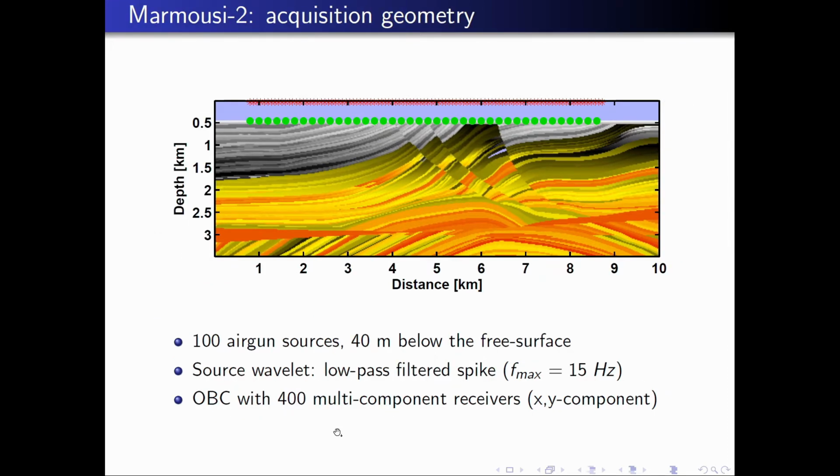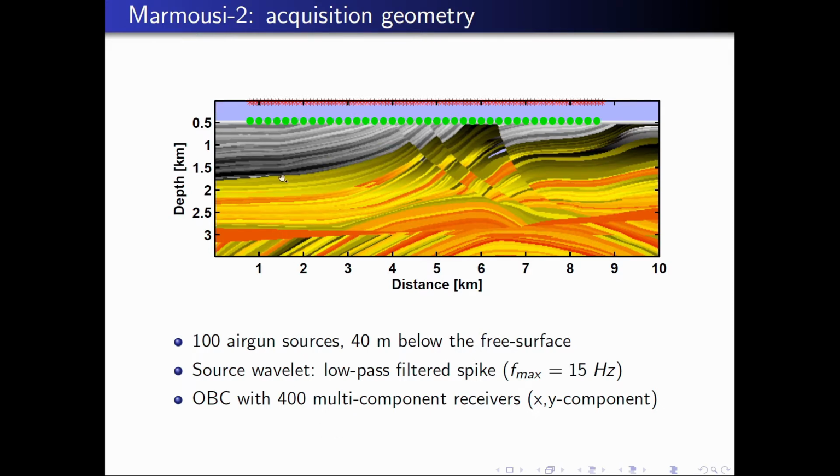So for this model we want to calculate synthetic data using the Denise Black Edition PSV module. So we are restricting ourselves to a 2D medium approximation. And of course, if we want to compute synthetic data, we have to define an acquisition geometry.